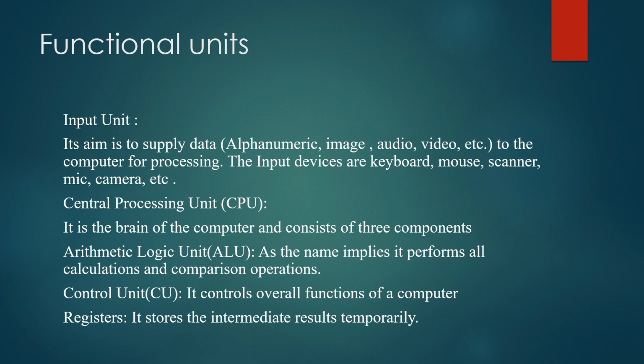The CPU also has memory registers. A register is a temporary unit of memory in the central processing unit. These are used to store the data which is directly used by the processor.